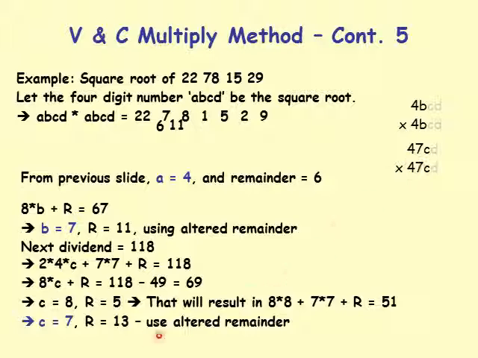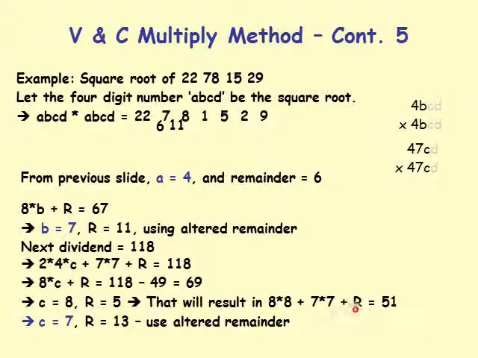If we use C is equal to 8, R equal to 5, that means the remainder will be 5 here, so the next dividend will be 51. That means 8 from here, 4 times 8, and 8 times 4, that's 8 times 8 here, plus 7 times 7, 49, plus R is equal to 51.